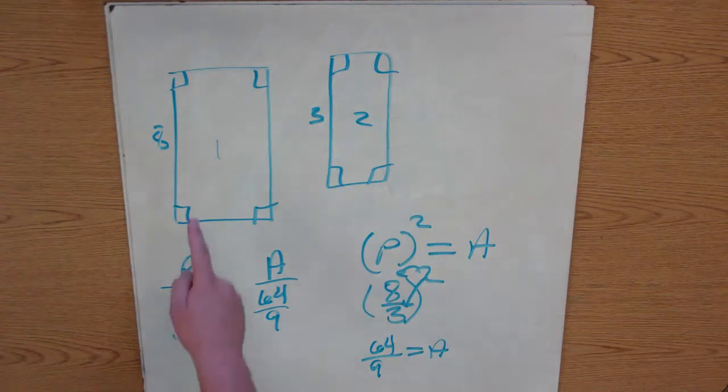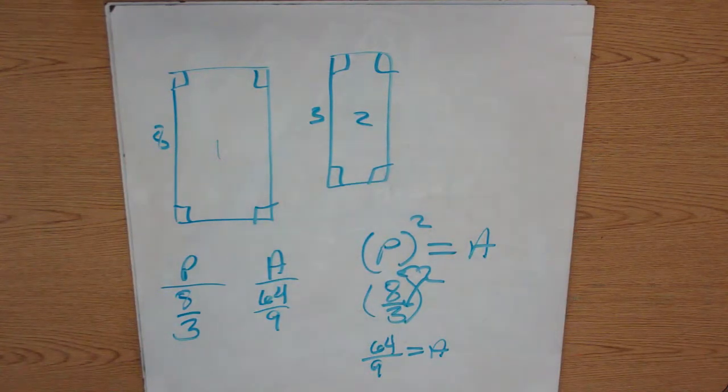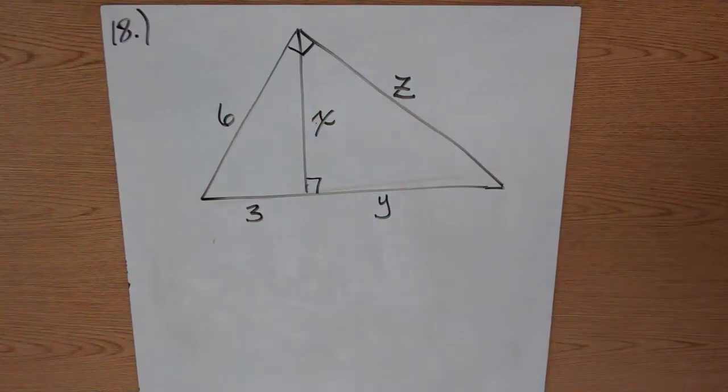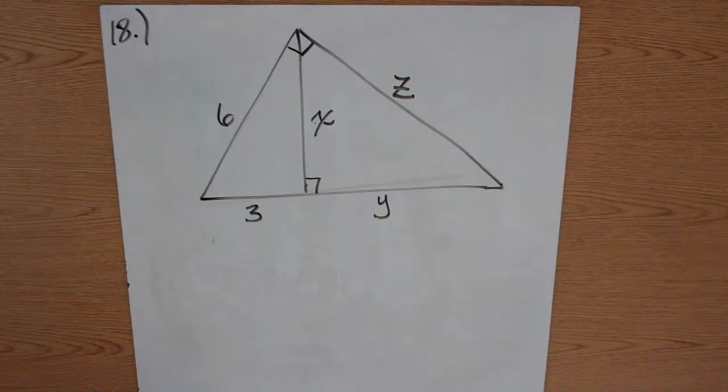So the area ratio for number 15 is 64 to 9, because it's simply the perimeter ratio squared. Number 16 asks the same.